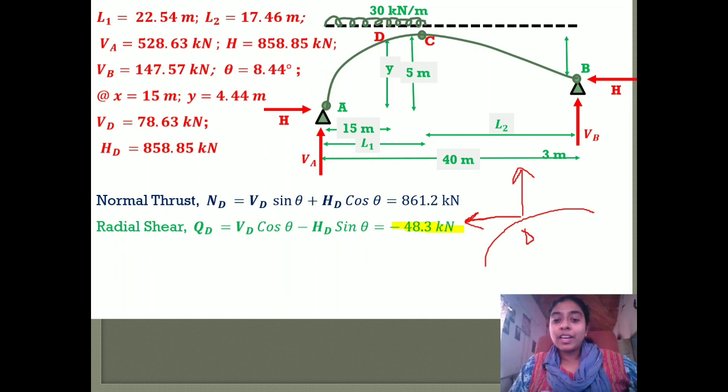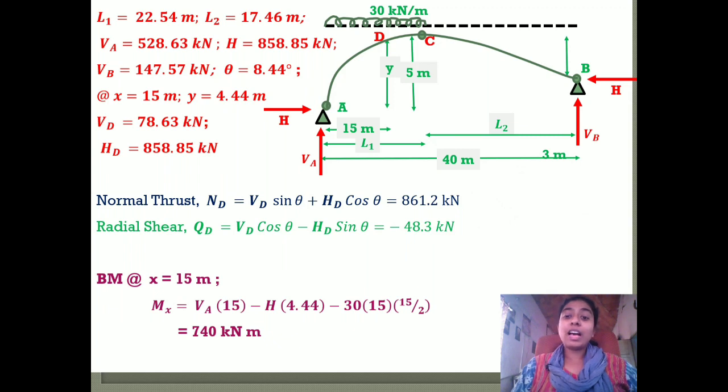So our normal thrust will be like this. This is our ND, and perpendicular to this is our QD, that is radial shear. We have seen these things in the previous classes.